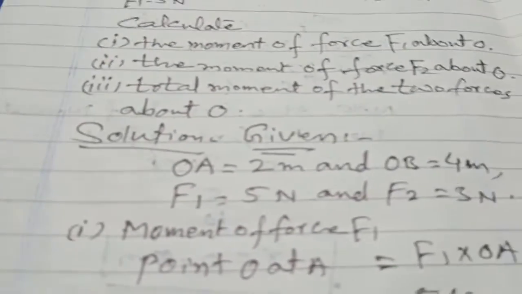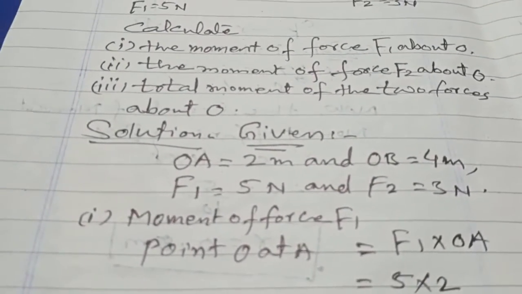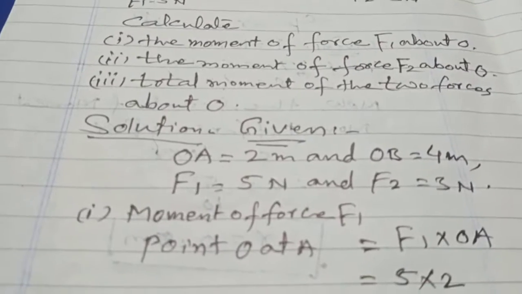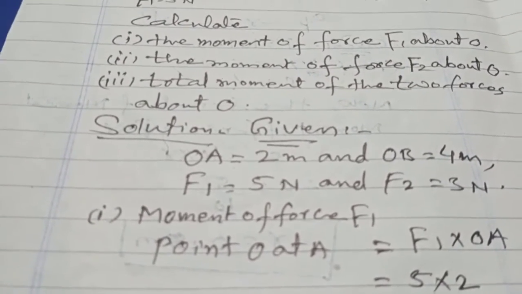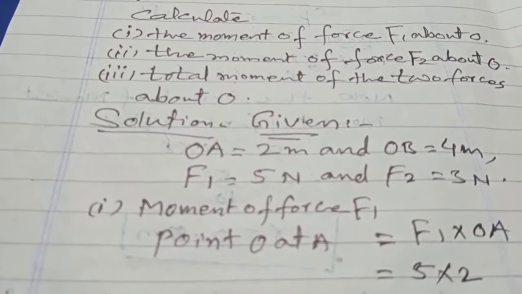What is given? OA is 2 meter, OB is 4 meter, F1 is 5 Newton, F2 is 3 Newton.